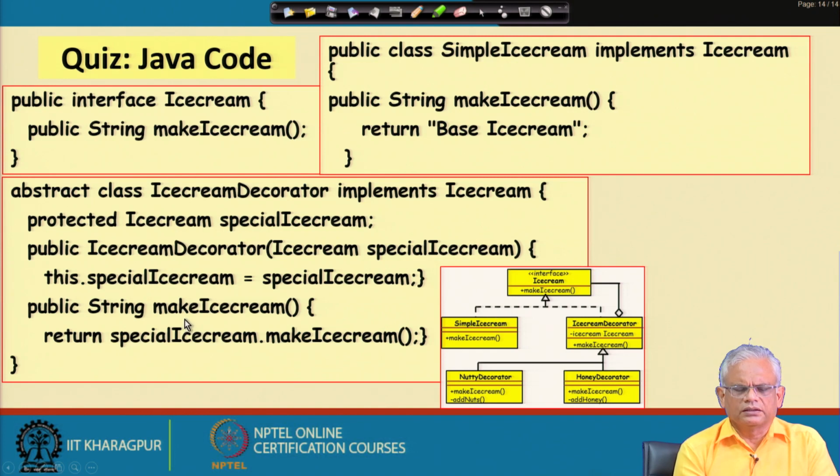And then it defines a method. This is the abstract class here. Just see here, this is the abstract class ice cream decorator. Basically, this is the ice cream decorator, which is the abstract class, and these are the concrete classes, nutty decorator, honey decorator, and so on.